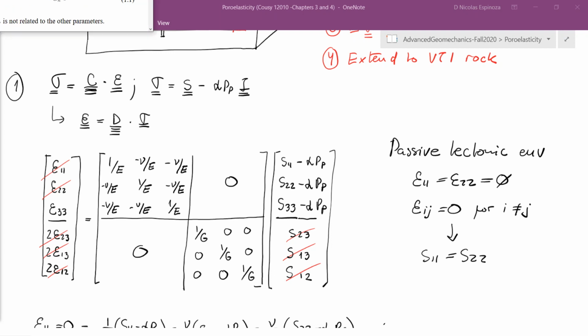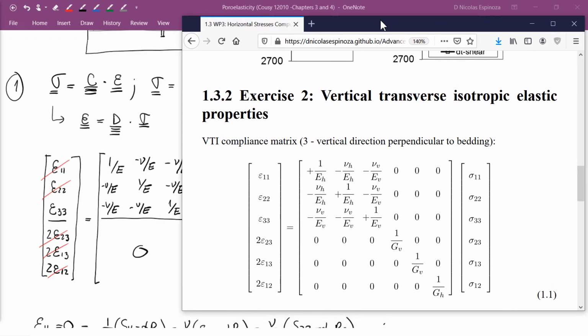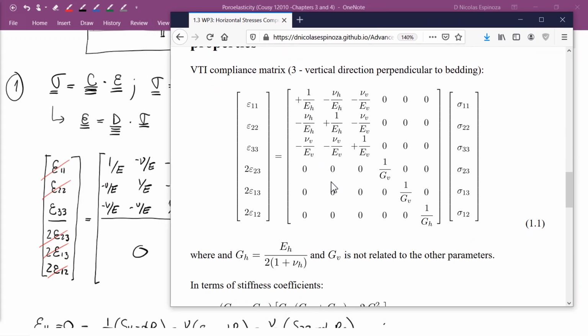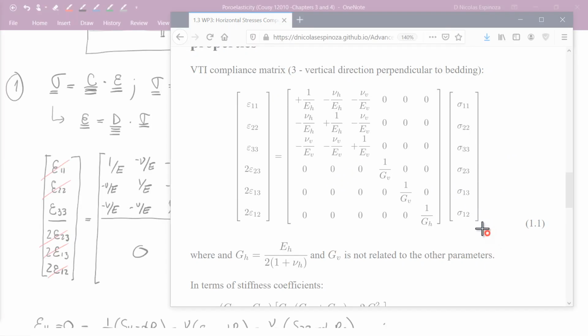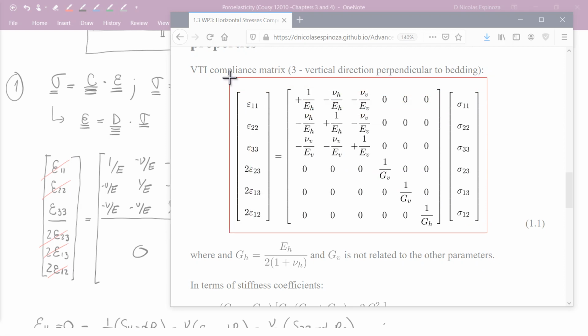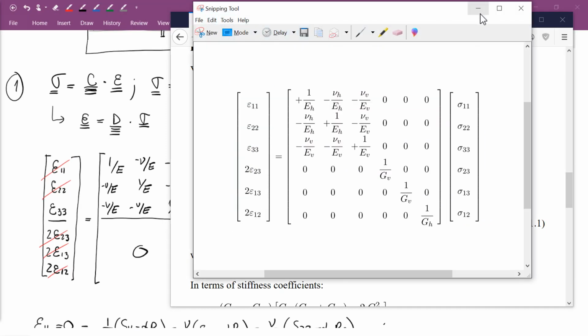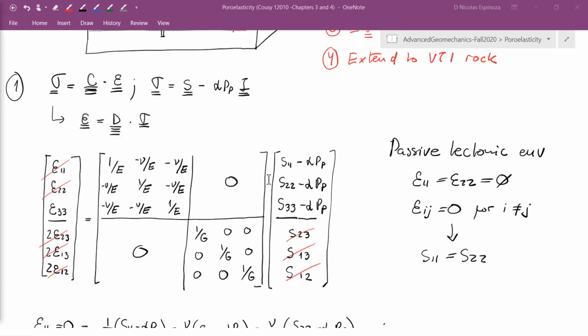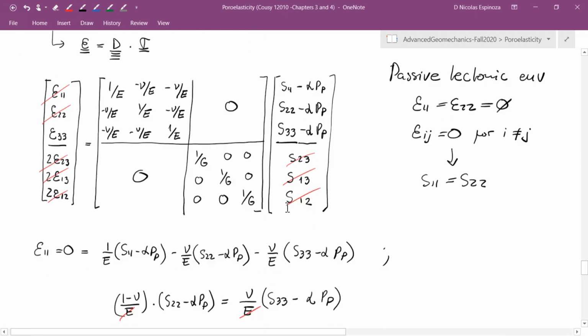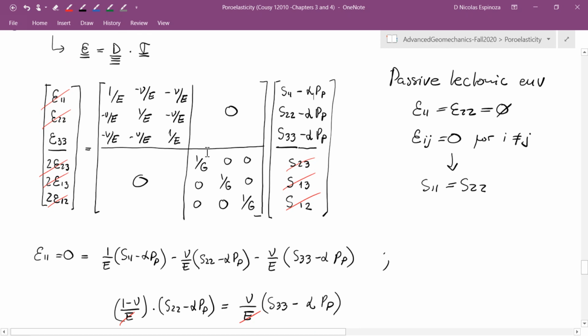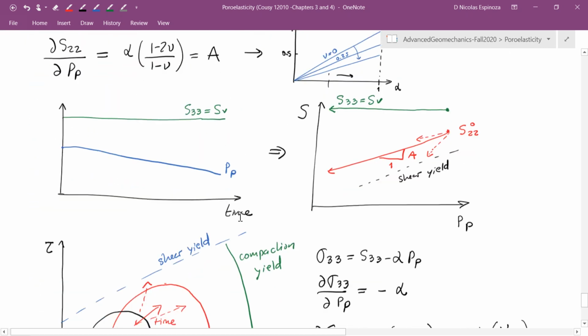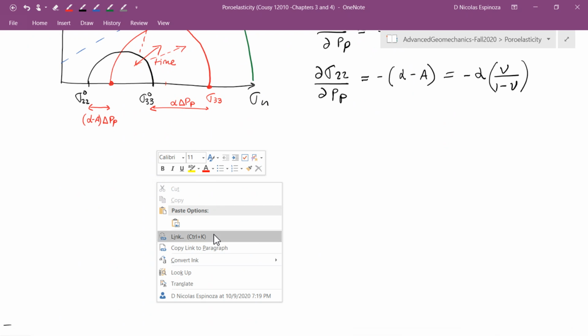The equivalent of the equation that we see over here, the compliance matrix for a VTI material, is the one that I have over here. And this equation is the one that I'm going to use in order to derive my equations for poroelasticity, but now for a VTI material. Basically we're going to do exactly the same procedure that we did before, but now with material properties which are anisotropic, but it is exactly the same thing.